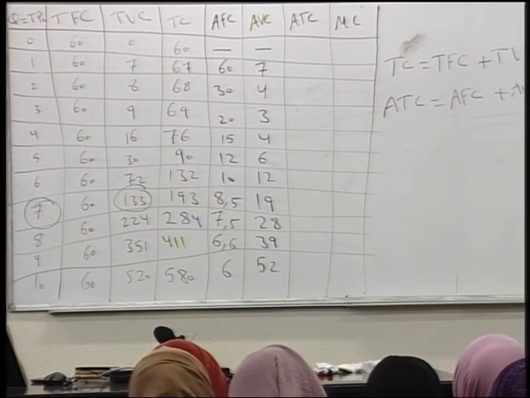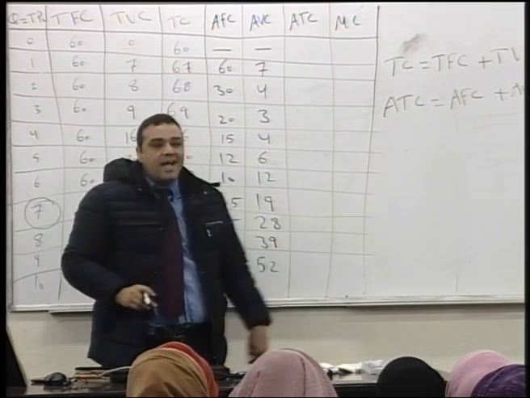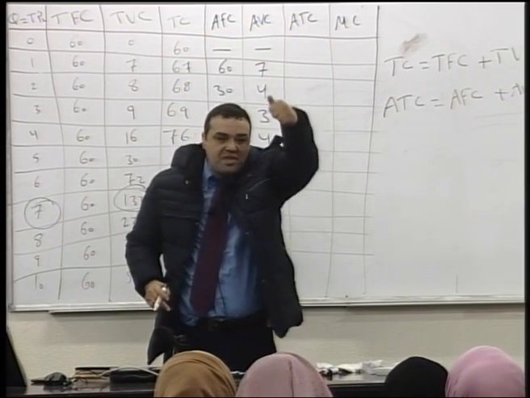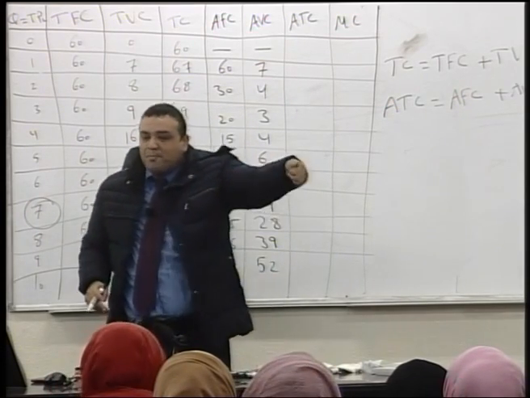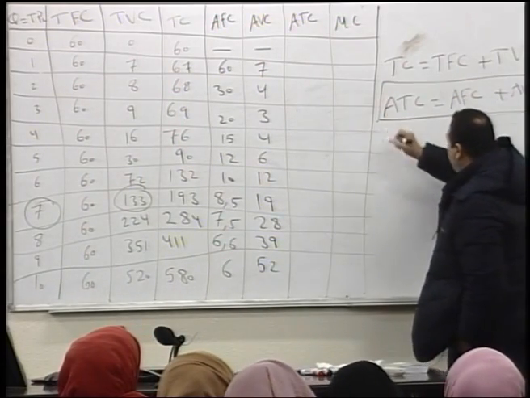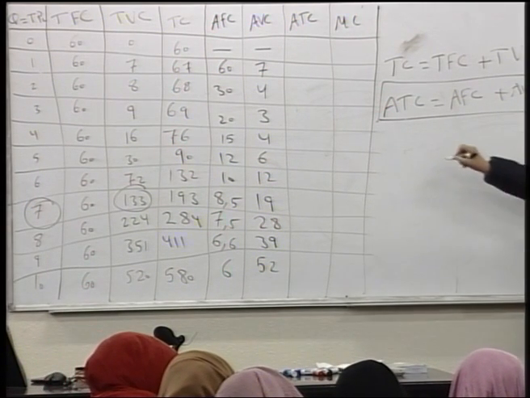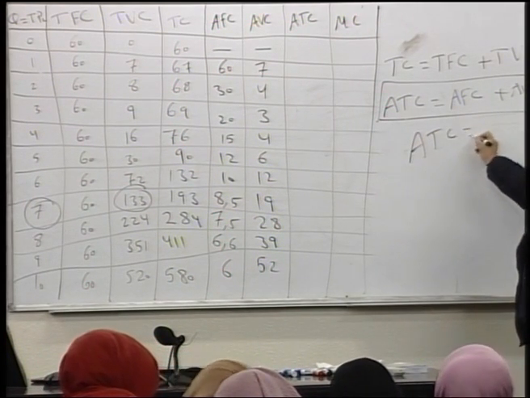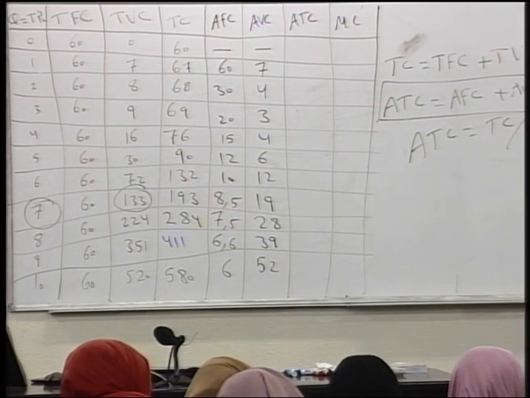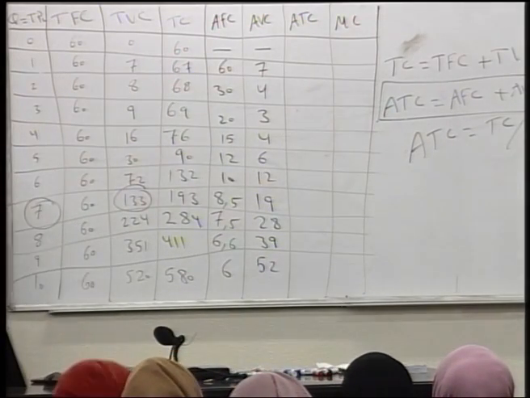Okay. Average total cost, ATC, has two formulas: either total cost over Q, or AFC plus AVC. Either we can use the formula ATC equals AFC plus AVC, or ATC equals TC over Q, the same as the previous formulas for average fixed cost and average variable cost, right?